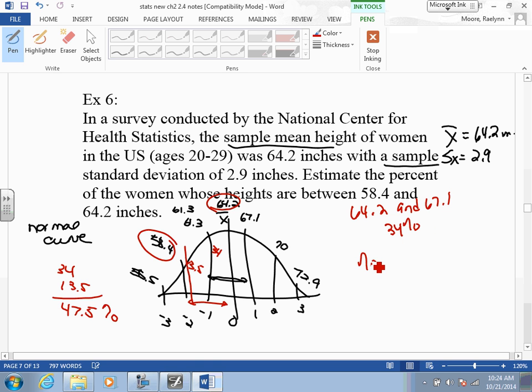What percent of the women's heights fall between 58.4 and 70? It's plus or minus how many standard deviations? 95%. Good. It's plus or minus 2 standard deviations, which would be 95% of your women's heights.